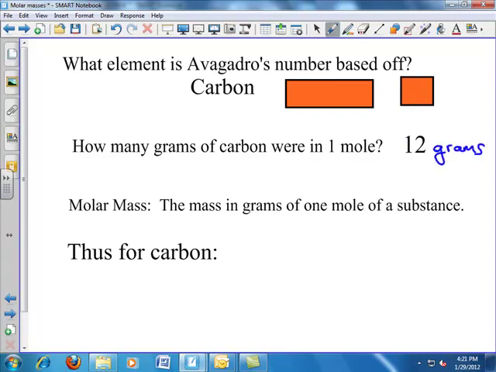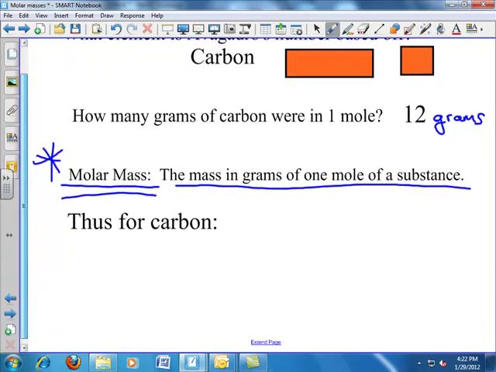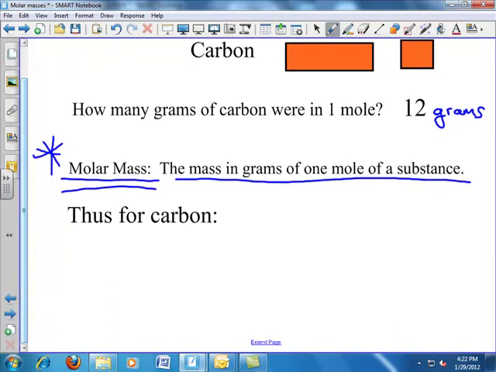That's how many grams were in 1 mole. Well, this is what's called molar mass. So this should really be the first thing that you are writing down. Molar mass: it's the mass in grams of 1 mole of a substance. Therefore, carbon has a molar mass of 12 grams per mole.